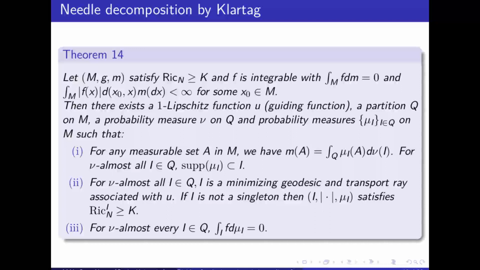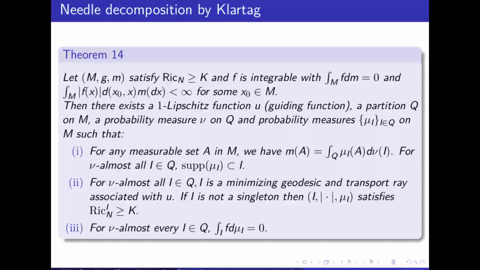The element of Q is either a singleton or a one-dimensional manifold satisfying the Ricci curvature bound. And for almost every element in Q, the mean of f remains 0.